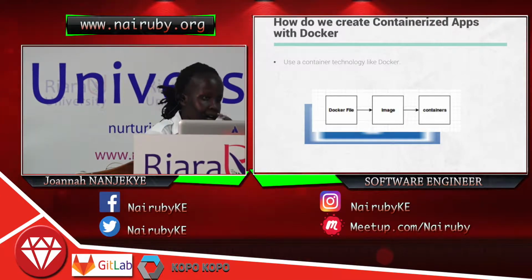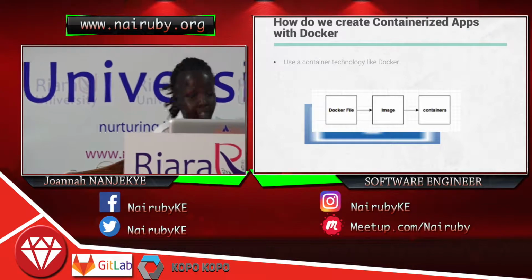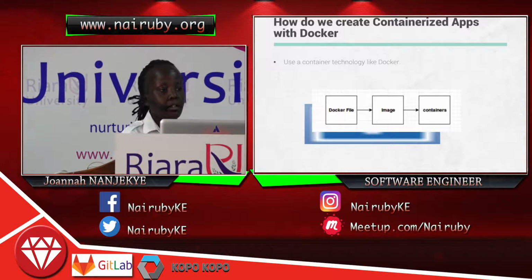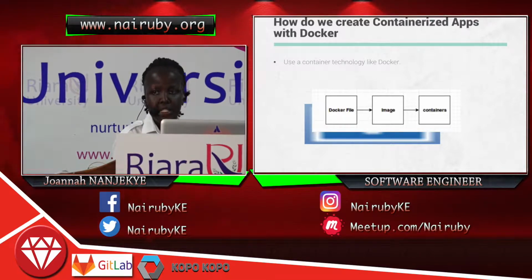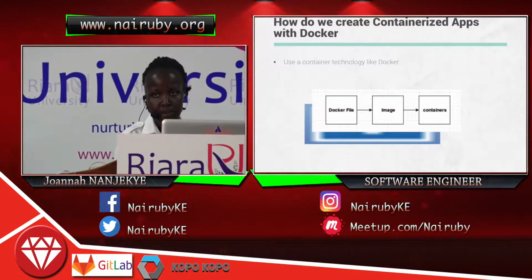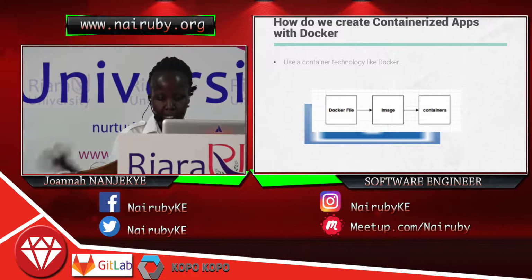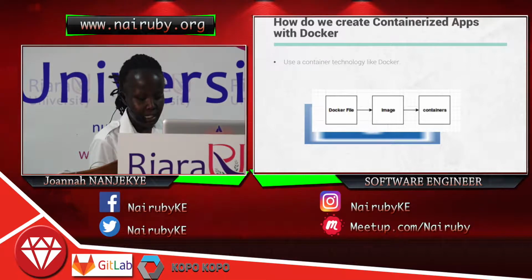Then from the Dockerfile, we'll create an image, like I said. Look at an image like it's a template for a container. So write your code, then write a Dockerfile, having all the instructions to create an image from your application. And then from the image, that's where we can create many instances of a container.